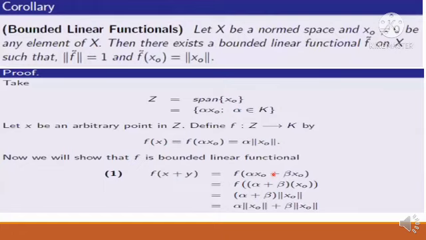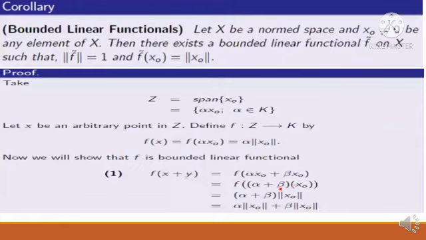Here x and y belong to this spanning set Z, so x is equal to alpha x0 and y is equal to beta x0. Using the property of vector spaces, this is alpha plus beta into x0.